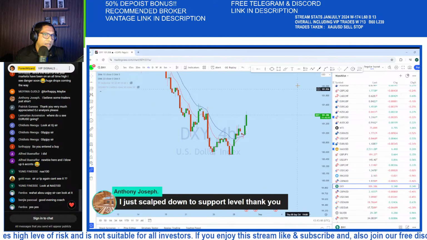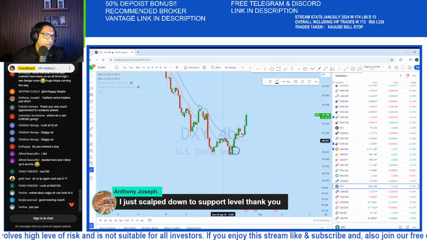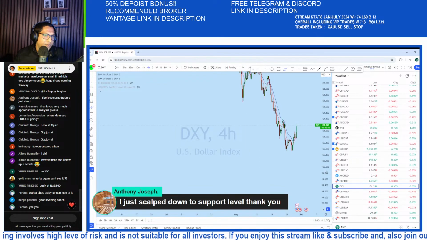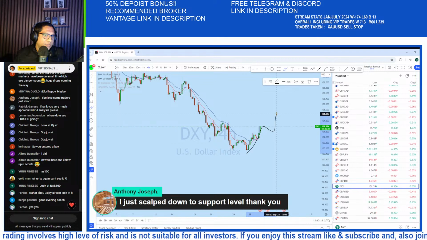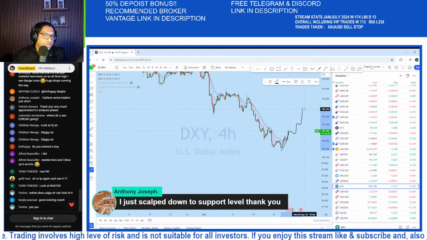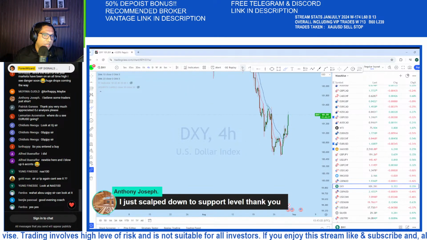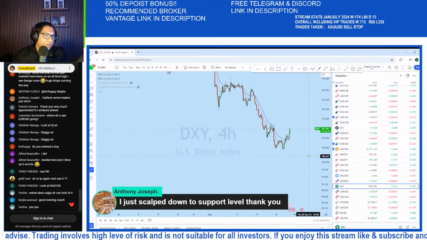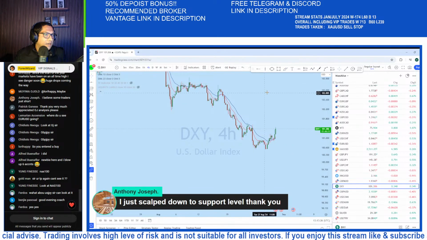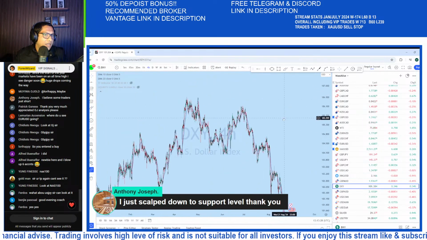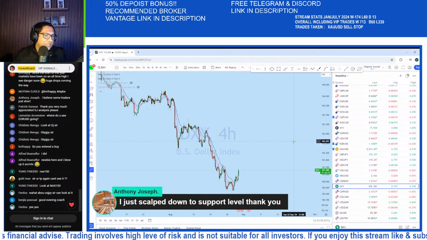There is a clean inverted head and shoulders on DXY, on the 4-hour time frame, a pretty strong time frame. It is possible for DXY to change trend because it's almost at the end of the month, the market is below the monthly support, and it's possible for the market to go back to the resistance line.